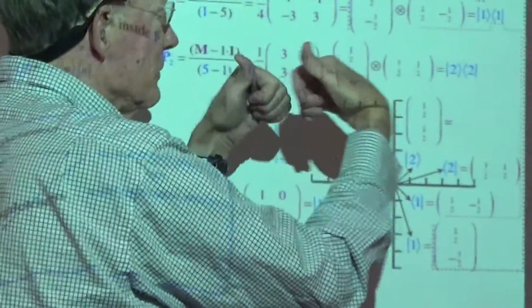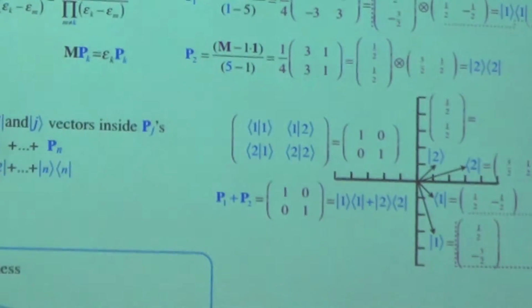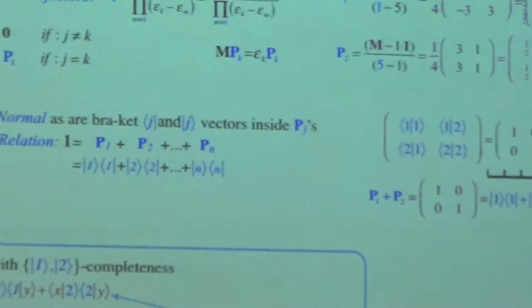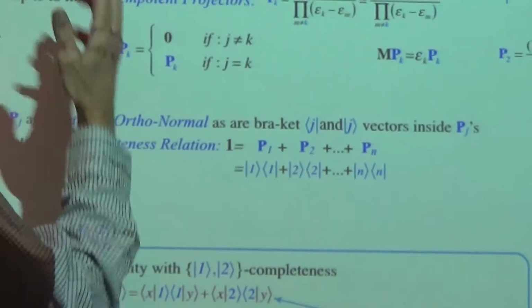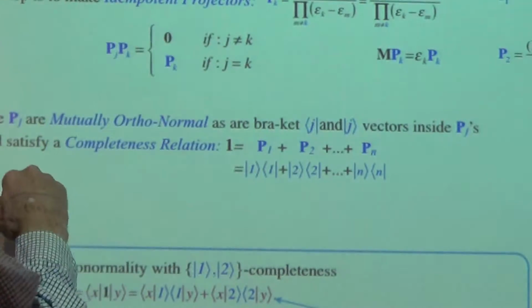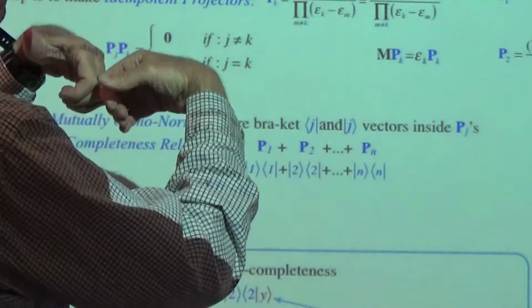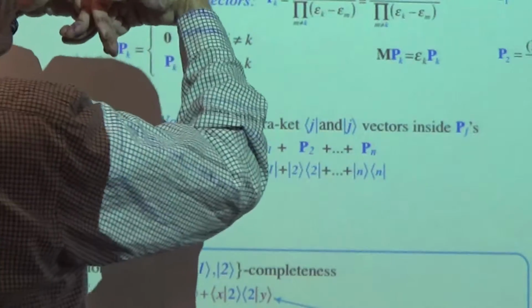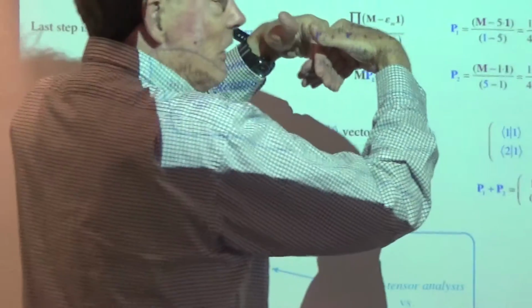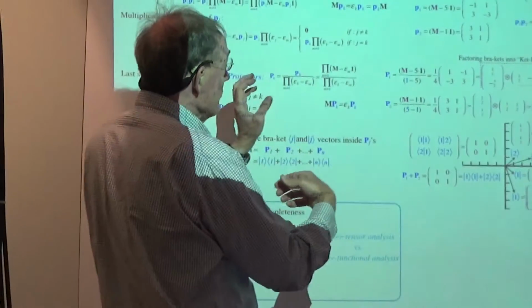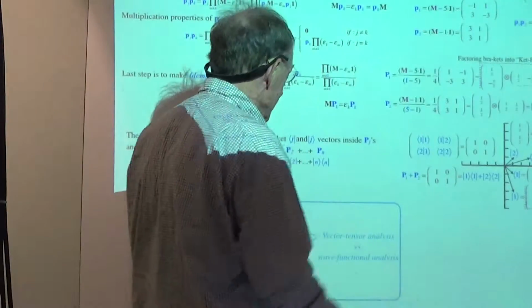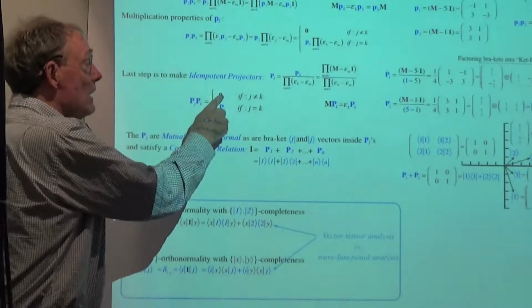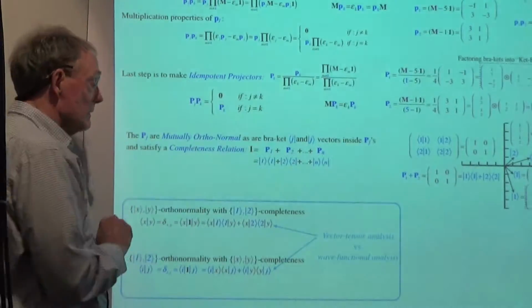We've already noted that the ket bra, knuckle to knuckle, is an idempotent projector. And with that notation, it's fairly obvious that we get this kind of relationship. Because if it's a ket 1 bra 2 and I multiply that by itself, the bra that's the 2 hits the ket that's 1 and annihilates it down. So you get a 0 when they're not equal.